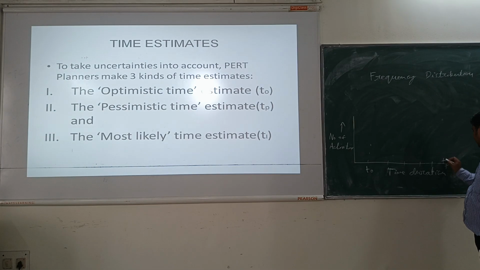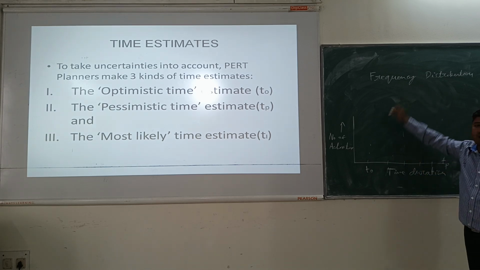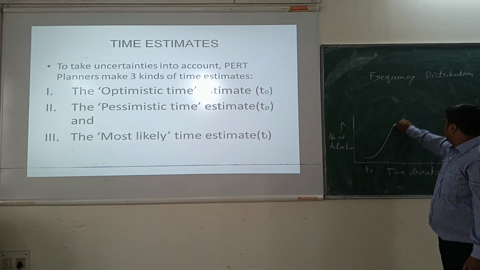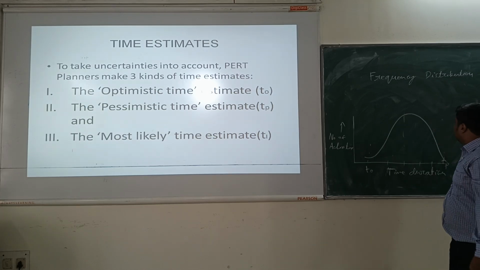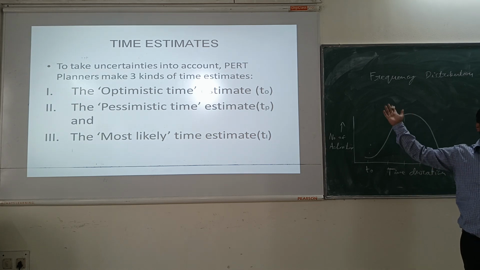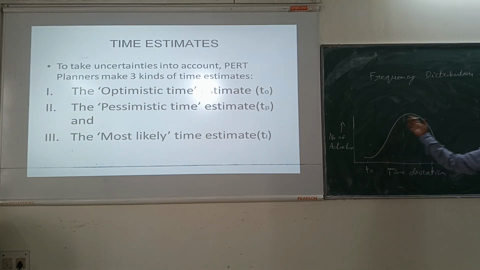Suppose it is denoted as TP, and there will be a mean time between which most of the activities will get finished. If you draw a frequency curve, it will be more or less like this, where the apex can lie at the center, or it may be skewed, to the left or to the right.